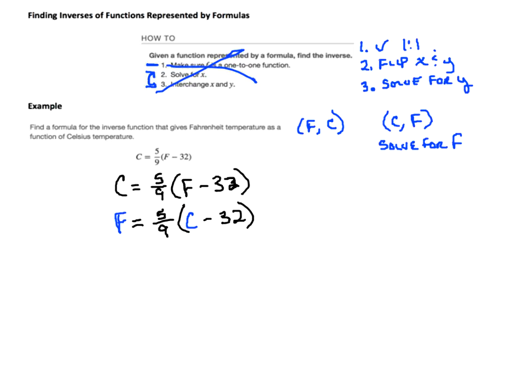And I'm sorry, I'm actually solving for, let's see, so this is for X and Y. I'm actually solving for C here.